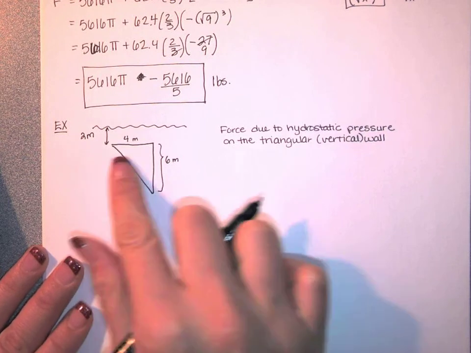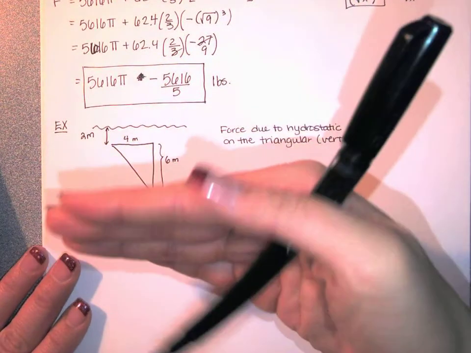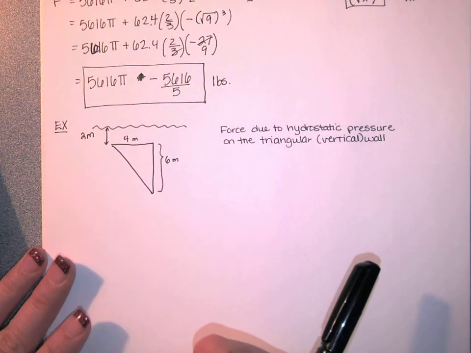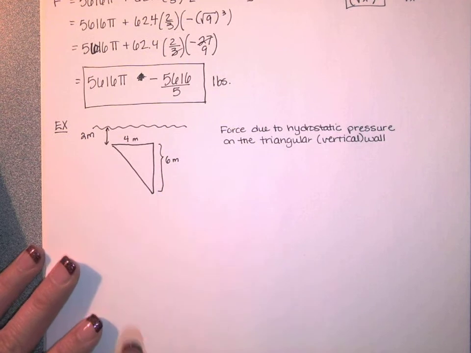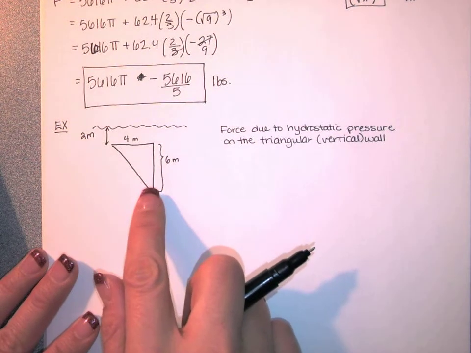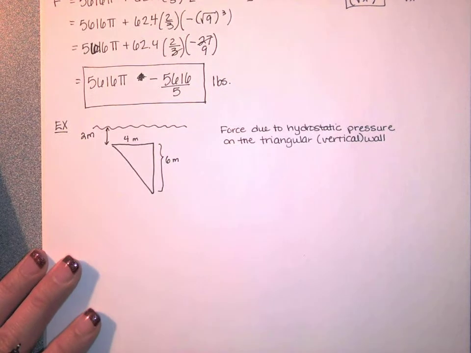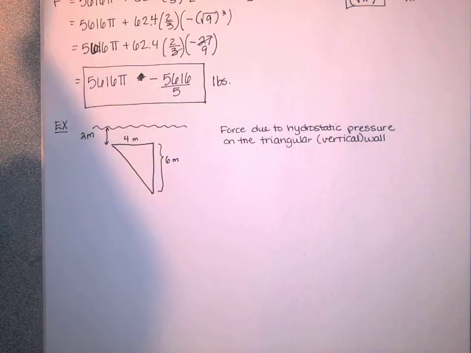So it's vertical in that it's parallel to the water. So we're just imagining it's sitting up and down inside the water, and it looks like this. If I want the force due to hydrostatic pressure on this thing, it's going to have a lot more pressure down at the bottom than it does at the top, because pressure is a function of depth. So that's okay. We're just going to have to use calculus.